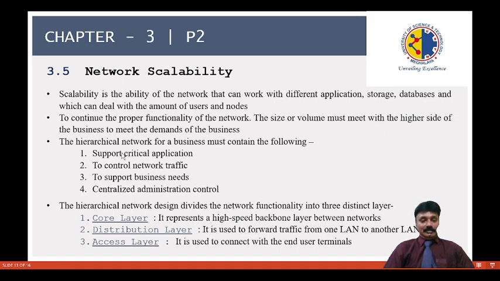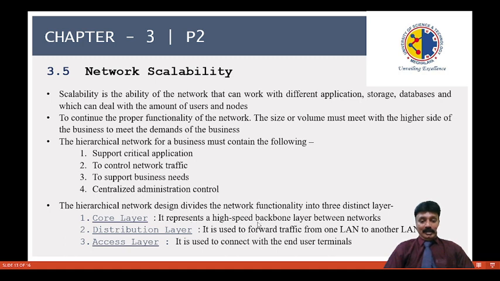The hierarchical network for a business must support critical applications, control network traffic, support business needs, and provide centralized administration. The hierarchical network design is divided by functionality into three distinct layers, which we have seen already.